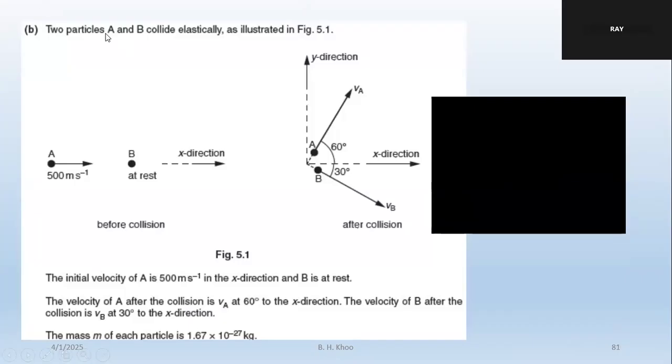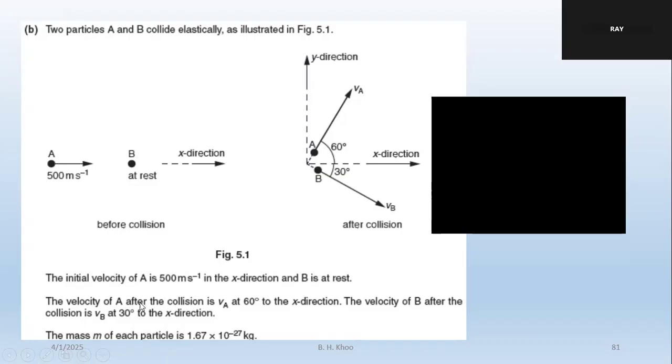Two particles A and B collide elastically. The key is elastically, as illustrated in figure 5.1. Initially B is at rest, A is moving at 500 meters per second, and this is after collision. The initial velocity of A is 500 meters per second in the x direction, and B is at rest.